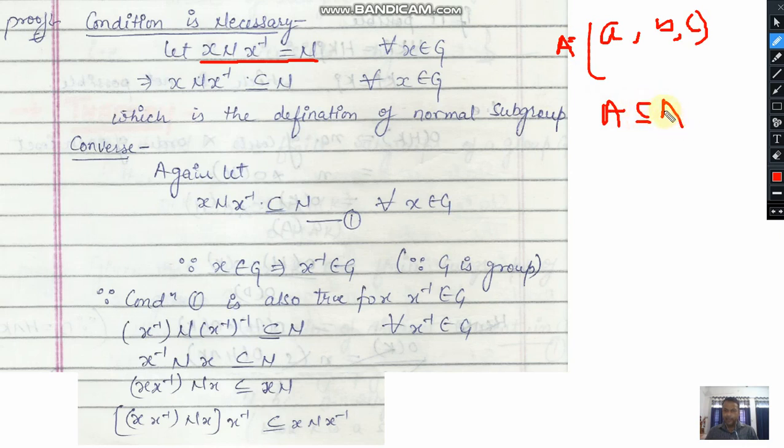So if these two sets are equal, because A is equivalent to A, these are identical. If these two sets are identical, then they will be improper subsets of each other. The first will be the improper subset of the second, and the second will be the improper subset of the first. So this condition holds here.